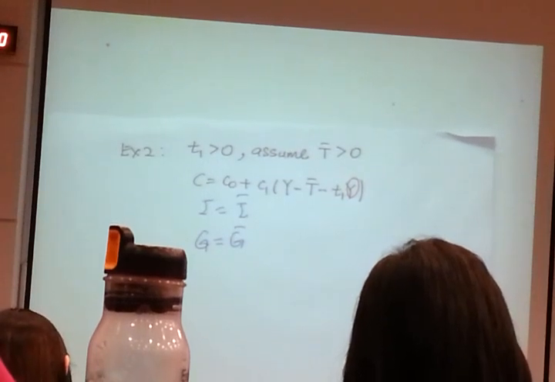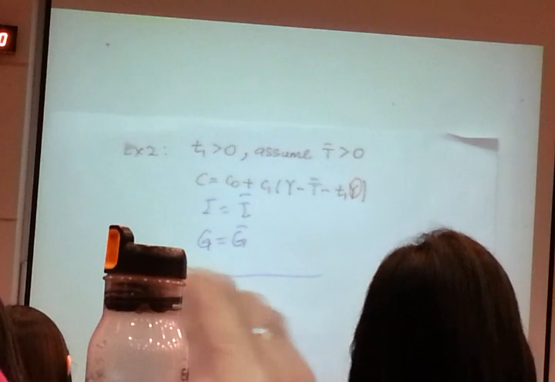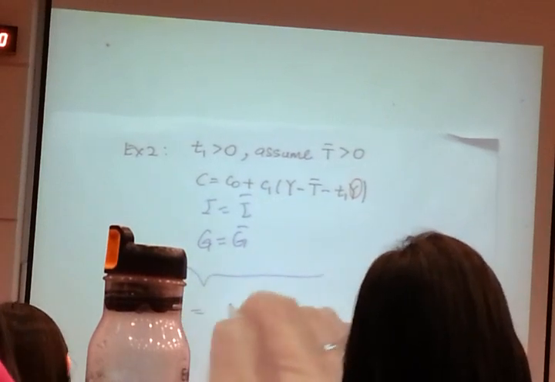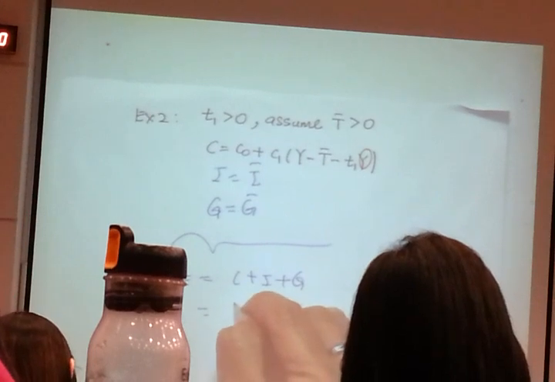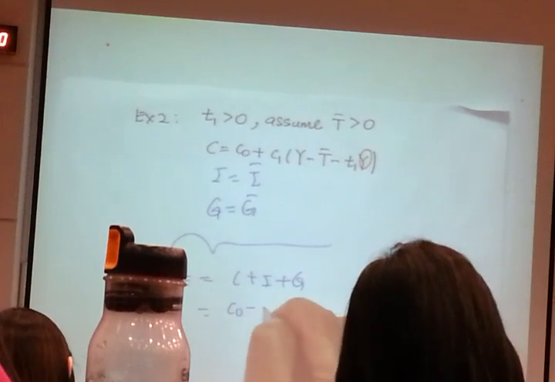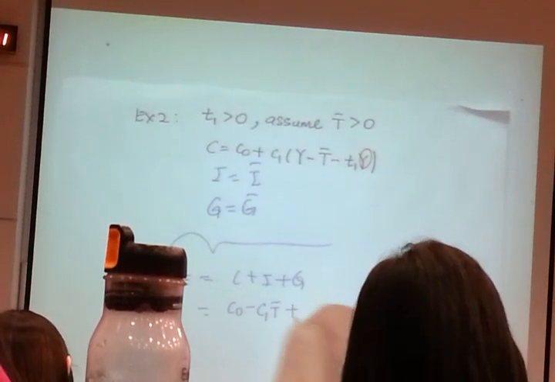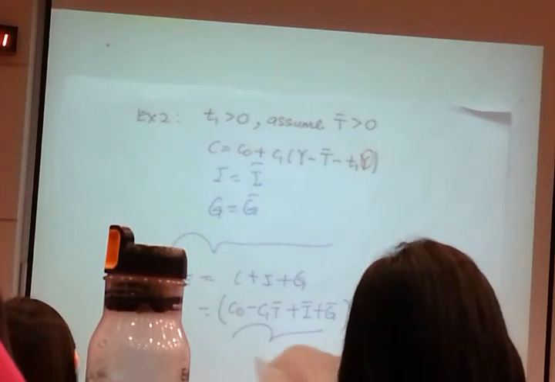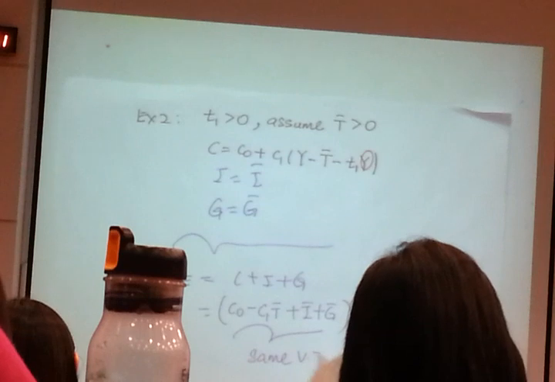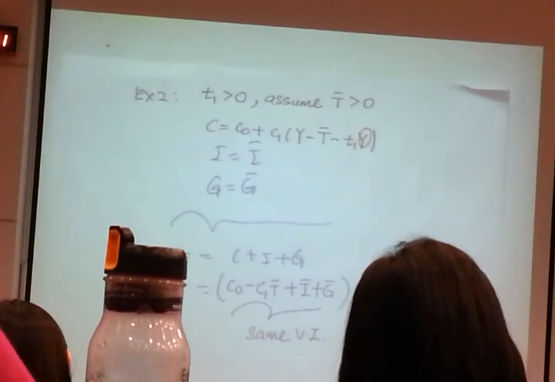So you put in your assumptions yourself, then you write in your AE, C plus I plus G. If I group the constant together, C0 minus C1 T bar plus I bar plus G bar. So what do you see? You have the same vertical intercept.